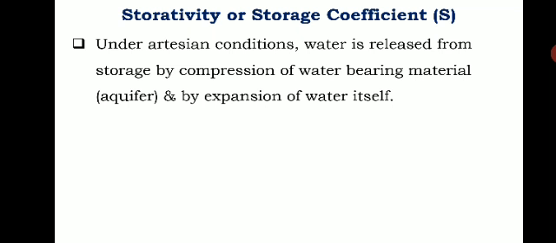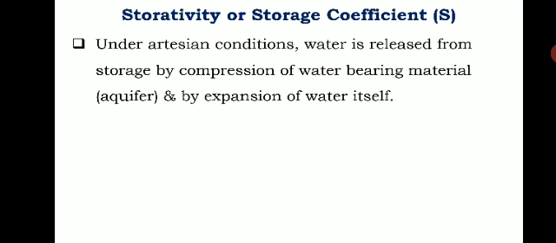That is called an artesian well. Under such artesian conditions, the water is released from storage by compression of the water bearing material, that is nothing but the aquifer, and by the expansion of water itself.